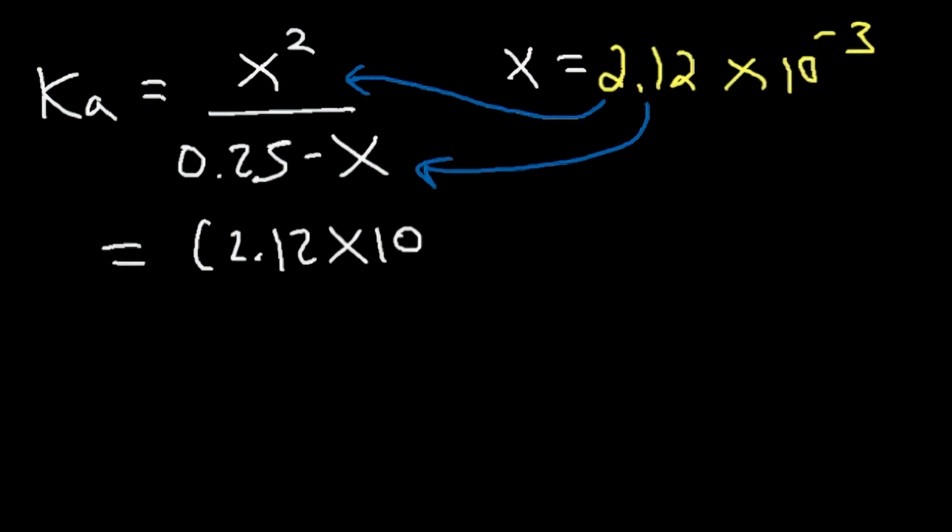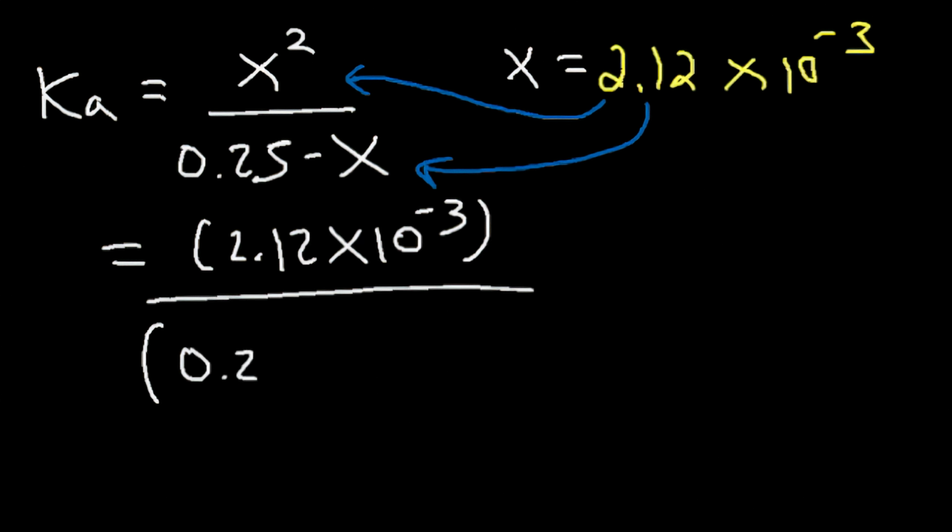So go ahead and type this in your calculator. So this is going to be 0.25 minus the value of x, 2.12 times 10 to the minus 3, and this is squared.